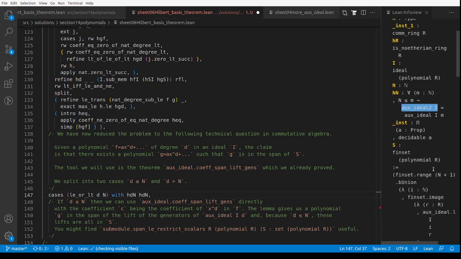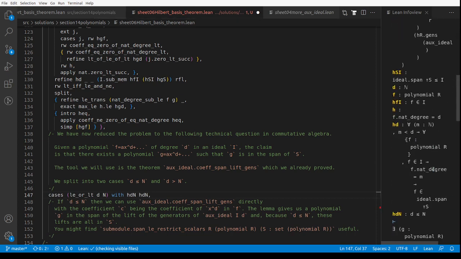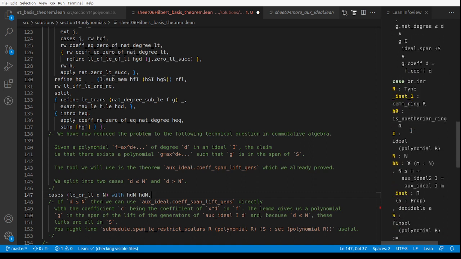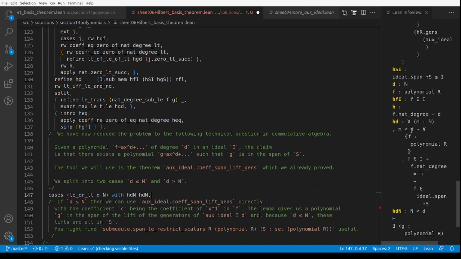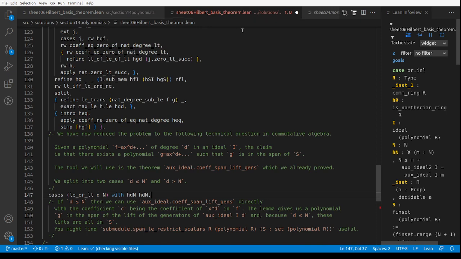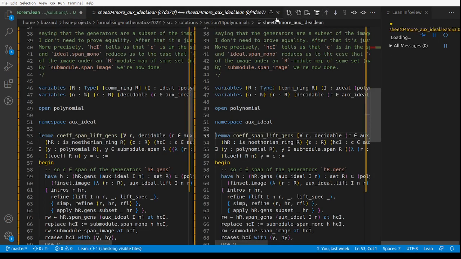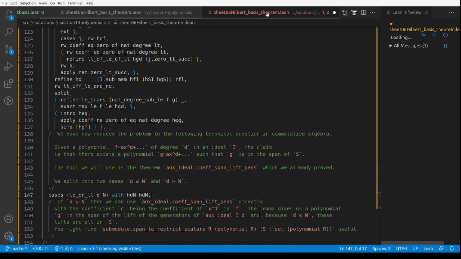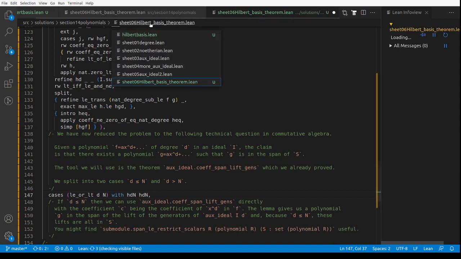So now, HDN here is the case that d is less than or equal to n, and HDN here is the case that n is less than d. Great. So let's go back to this technical lemma. Where's it gone? It's over here. Great. Oh my goodness me.